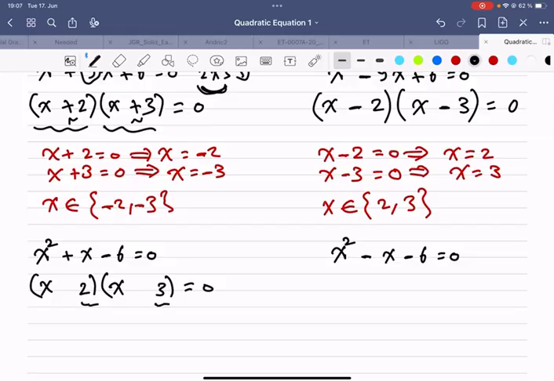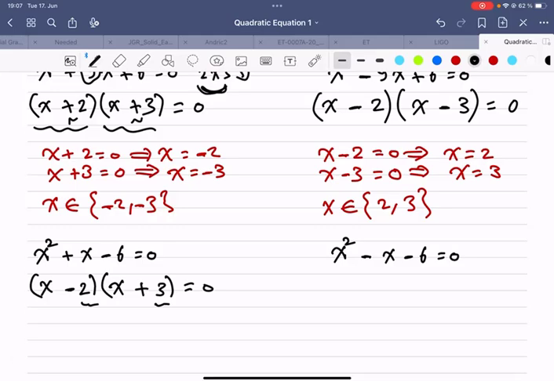If you multiply 2 and 3 you get 6, but here there is a negative, so one of those will be negative and one will be positive. This depends on the sign of the middle term. The middle term is positive, meaning that the sign of the biggest number will be positive. So this is positive and this is negative. If you now multiply, negative 2 multiplied by plus 3 gives negative 6, and negative 2 plus 3 gives plus 1.